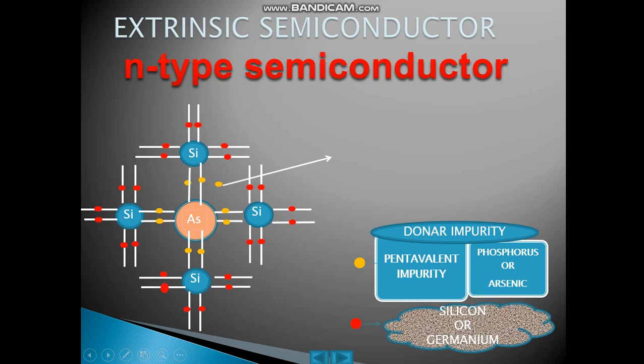So one electron is a free electron. Like this you have a lot of free electrons available for conduction. Conduction is due to the negatively charged electron, hence it is called n-type semiconductor. Since an electron is donated, this impurity is called a donor impurity.